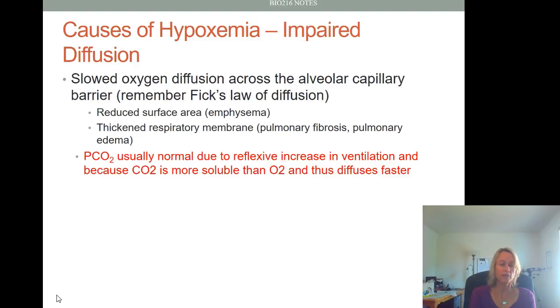Pulmonary edema, where we have fluid in that interstitial space that causes a greater distance between the alveoli and the pulmonary capillaries. Now remember, we just said that CO2 diffuses much more quickly than oxygen because it's a lot more soluble than is oxygen. So in a case of a diffusion impairment, we usually see hypoxemia without hypercapnia.